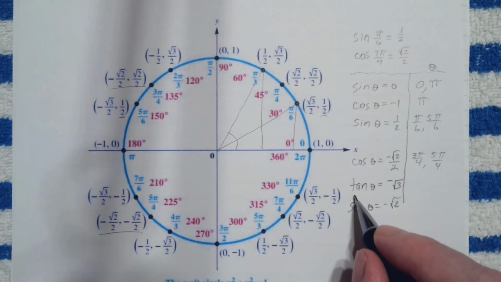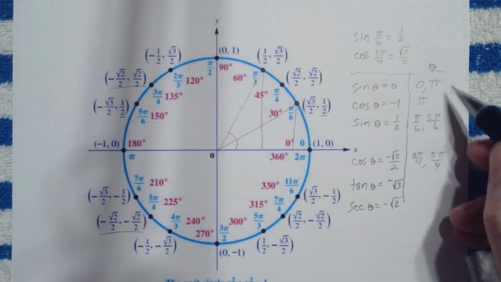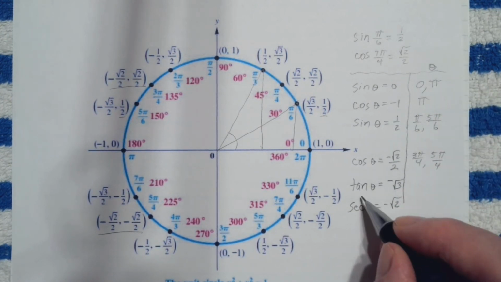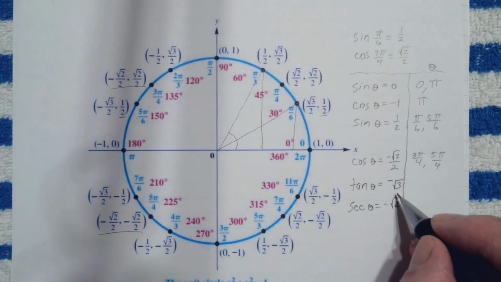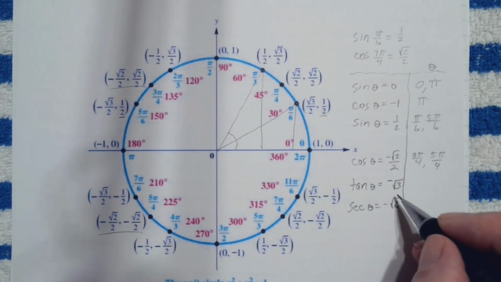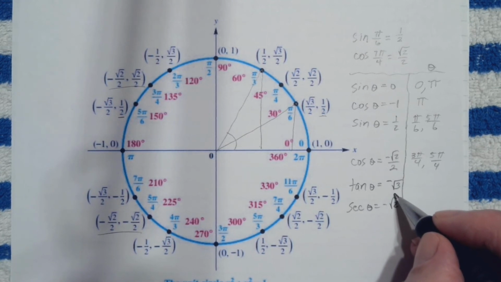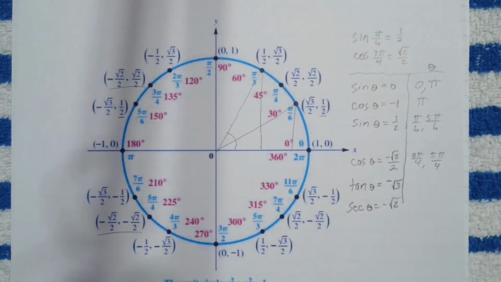All right, on the next one, and keep in mind what we're finding here is the angle theta. So tangent of theta is negative square root of 3. Now, what you find is that's going to occur at one of your angles that are multiple of either 30 degrees or 60 degrees, or pi over 6 or pi over 3.